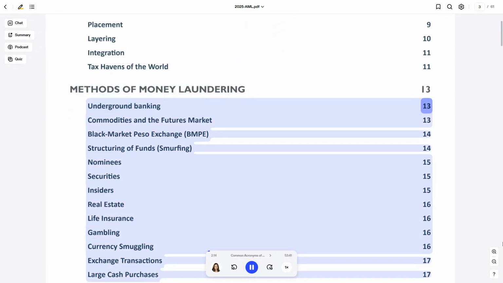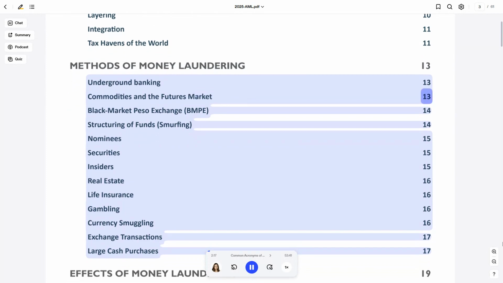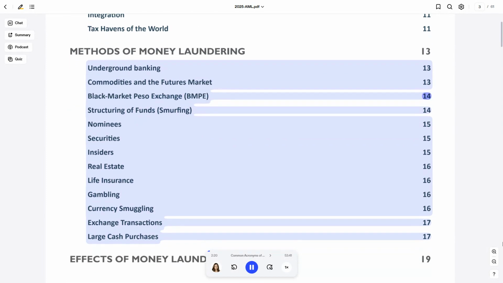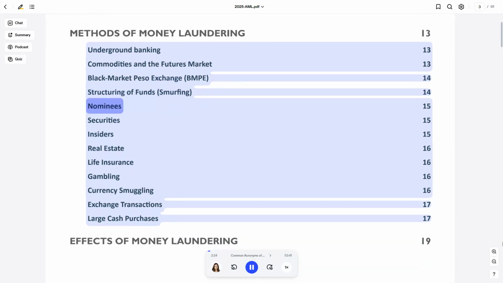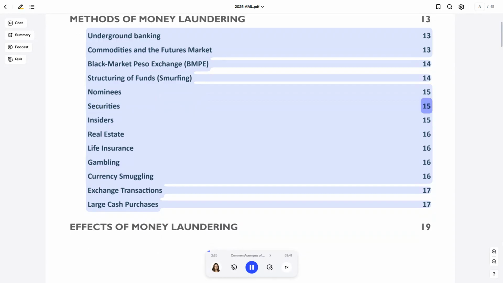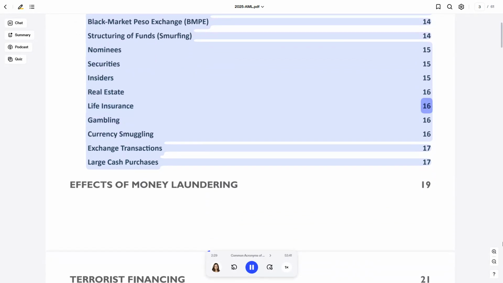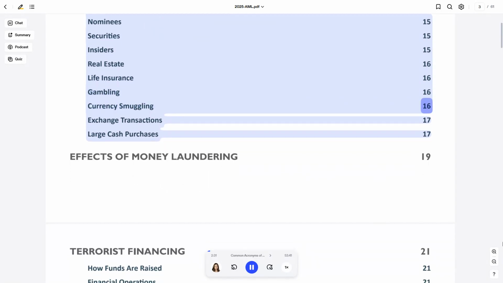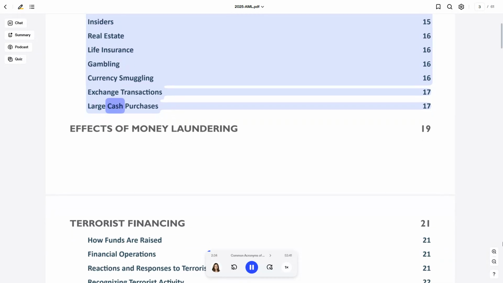Underground banking; commodities and the futures market; black market peso exchange, BMPE; structuring of funds, smurfing; nominees; securities; insiders; real estate; life insurance; gambling; currency smuggling; exchange transactions; large cash purchases.